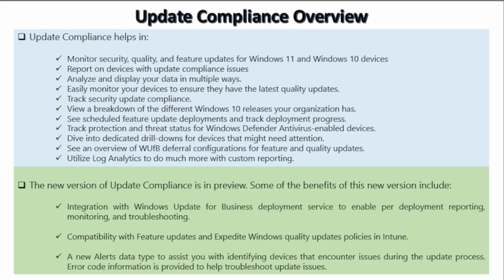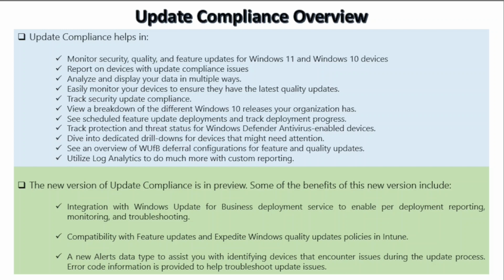We can see the scheduled feature update deployment and track the deployment progress. We can dive into the dedicated drill-downs for devices that might need attention. We can also see an overview of Windows Update for Business deferral configuration for feature and quality updates, and using Log Analytics we can do much more with custom reporting.